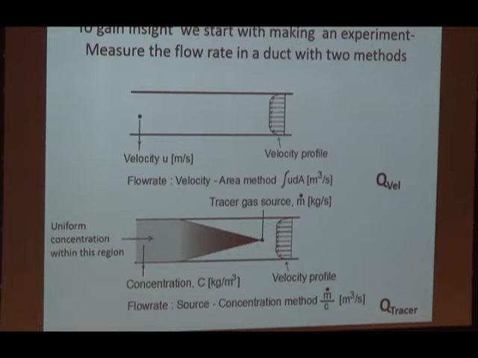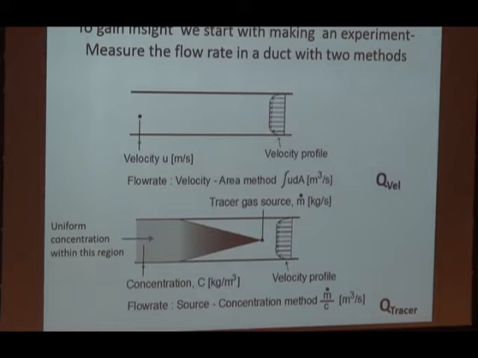Another method is to introduce a tracer gas source in the duct, release tracer gas at a certain rate, kilograms per second, and record the concentration in this reading where I have uniform concentration. I put into this equation the injection rate and the concentration. You see, this has the right dimension. It's a flow rate, at least by the dimension.